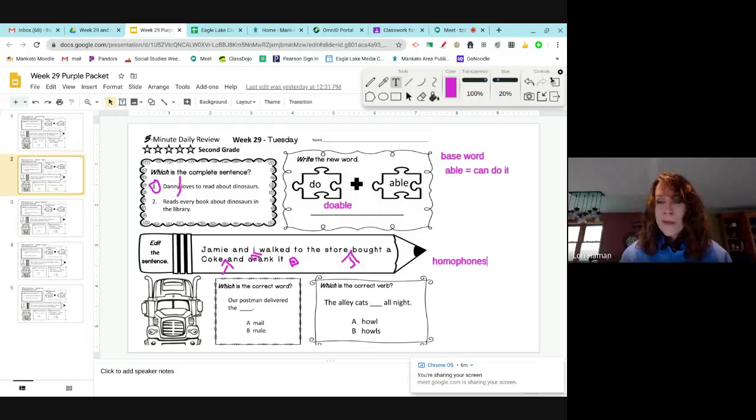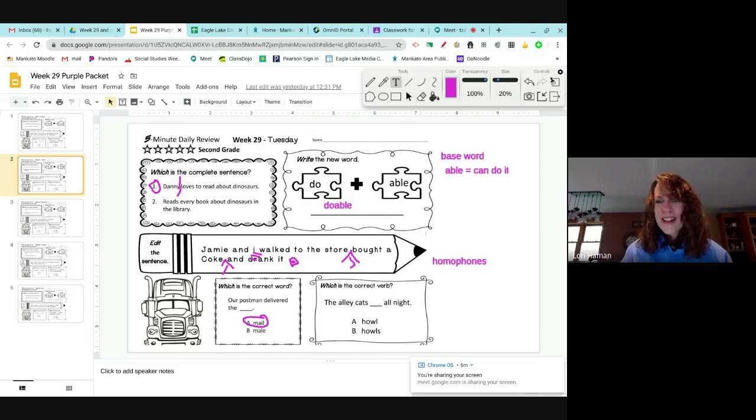So we are talking about letters, magazines, the type of thing that the postman or the mail carrier would bring. That type of mail is the one at A. Choice B is the word male, like a man or a boy, like male and female. So you wouldn't want that one.